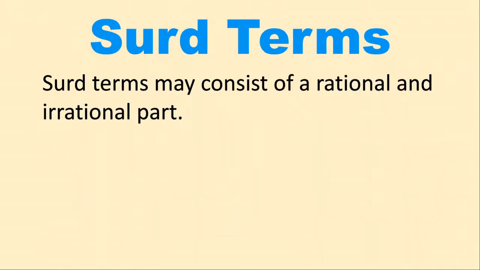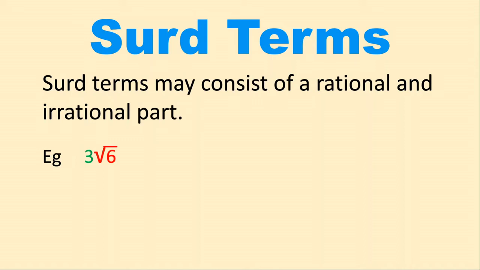So now that we understand what rational and irrational mean, surd terms can consist of two parts, a rational part and an irrational part. Just to be clear about this, a term is an expression which is separated from other expressions by either a plus or a minus sign. So for example, 3 root 6.